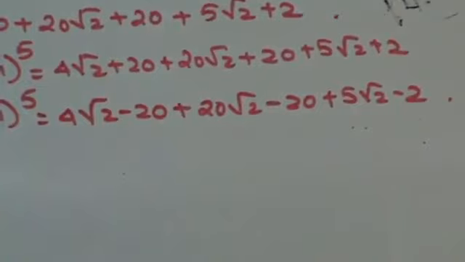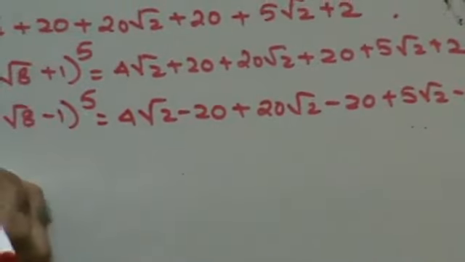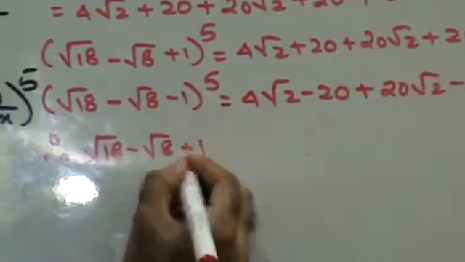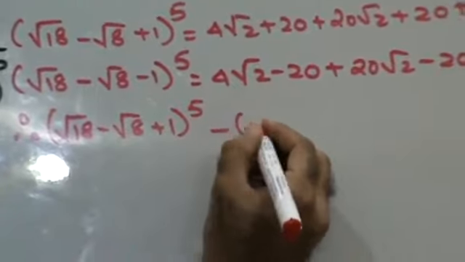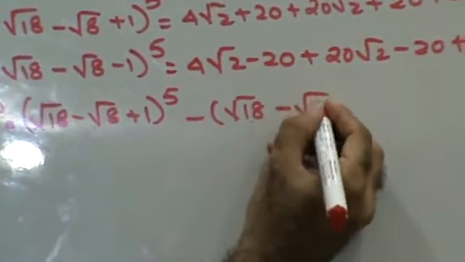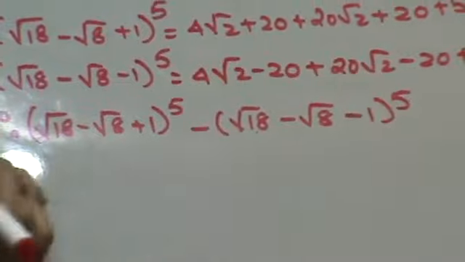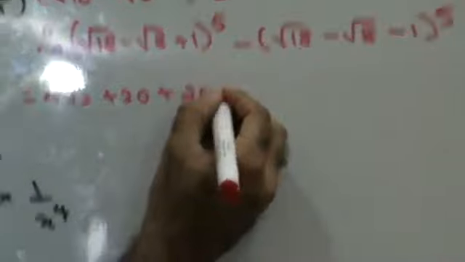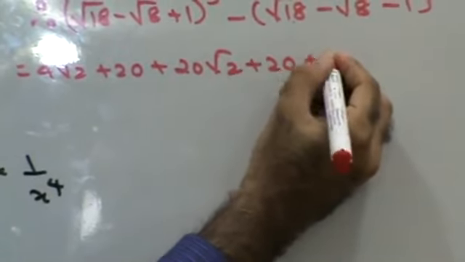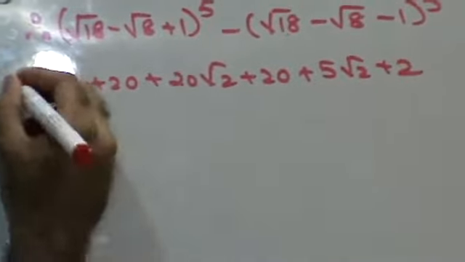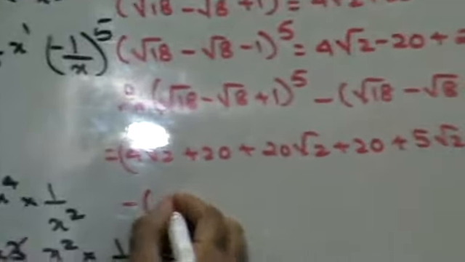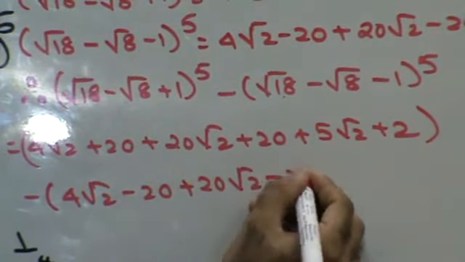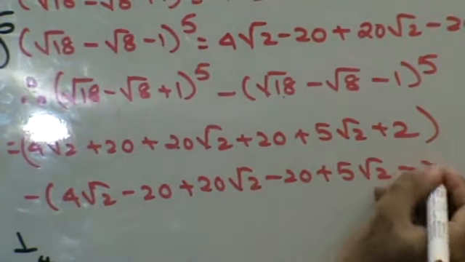Now, let's get to the sum. Therefore, I can say that root 18 minus root 8 plus 1 the whole raised to 5 minus root 18 minus root 8 minus 1 the whole raised to 5 is nothing but 4 root 2 plus 20 plus 20 root 2 plus 20 plus 5 root 2 plus 2, minus 4 root 2 minus 20 plus 20 root 2 minus 20 plus 5 root 2 minus 2.